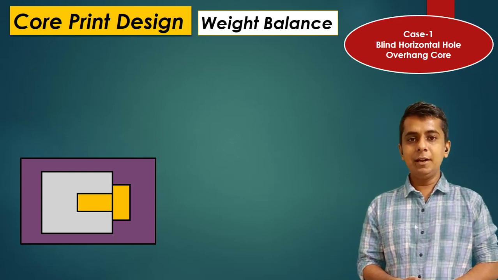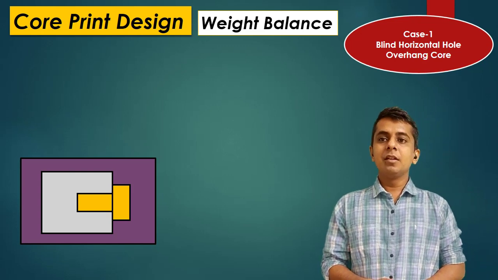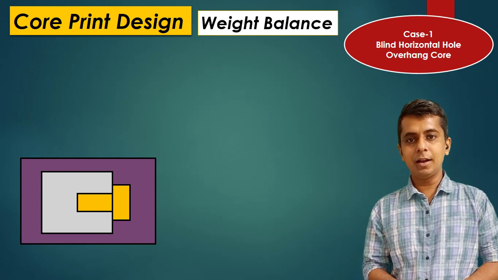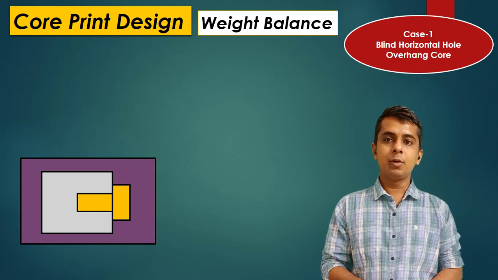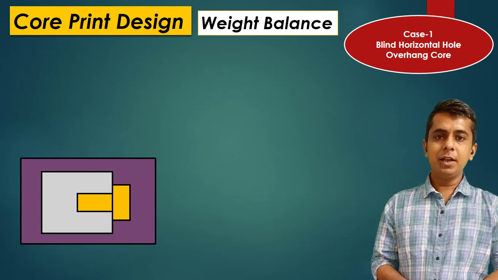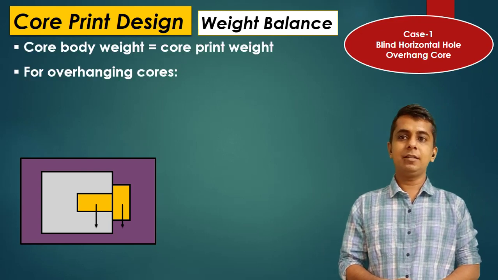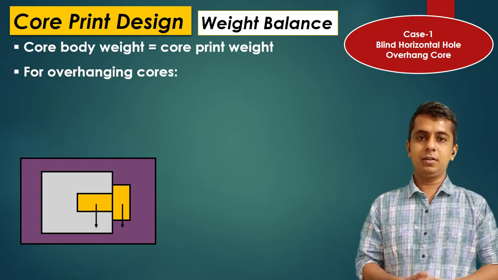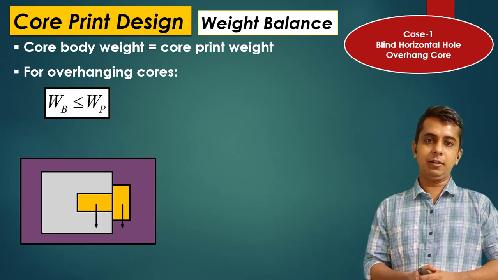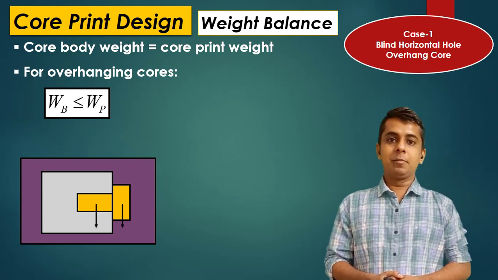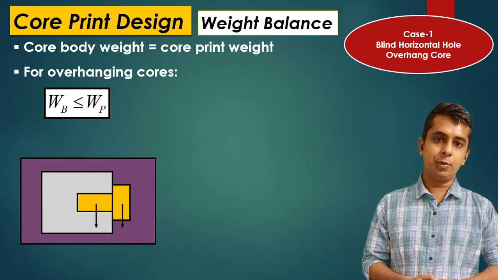For the weight balance, the basic consideration is that the weight of the core and core print should be approximately equal, because there may be a chance that, due to the downward force from the weight of the core and core print, the core may buckle down before the pouring.